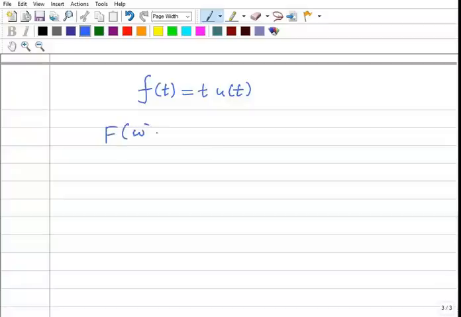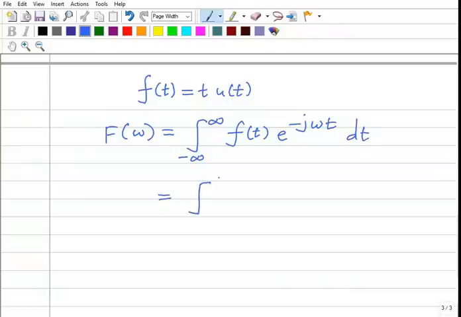F of omega is the integral from minus infinity to plus infinity of f of t e power minus j omega t dt. What is the support for u of t? Only for 0 to infinity u of t is 1. For minus infinity to 0 it is 0.